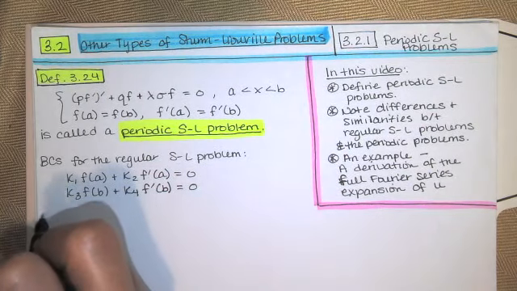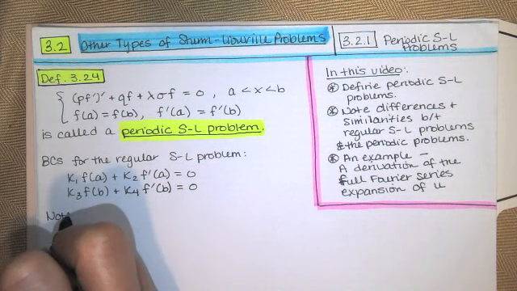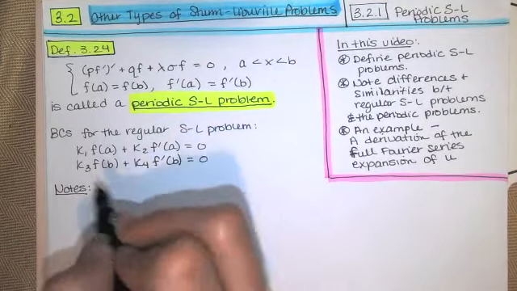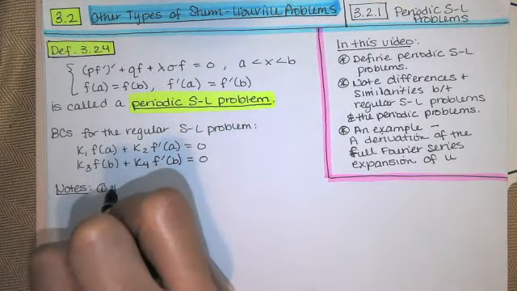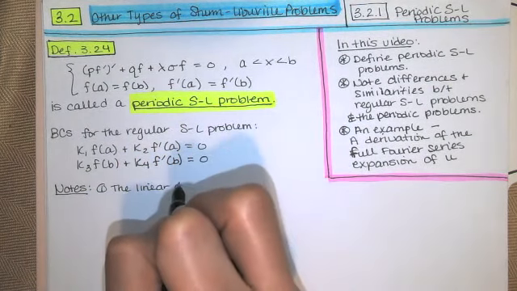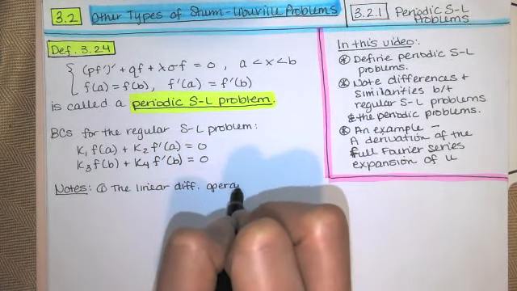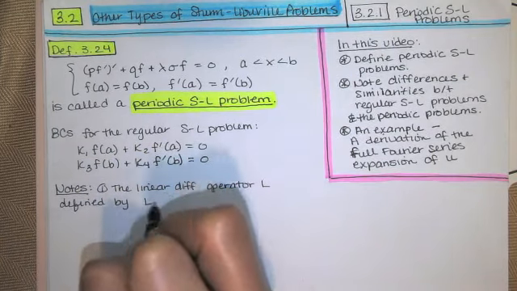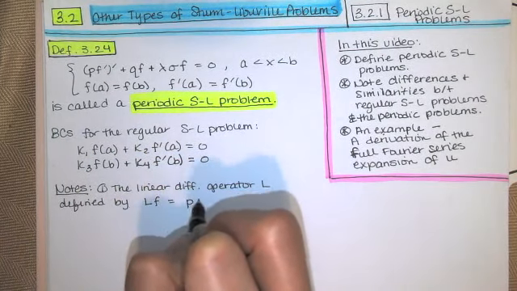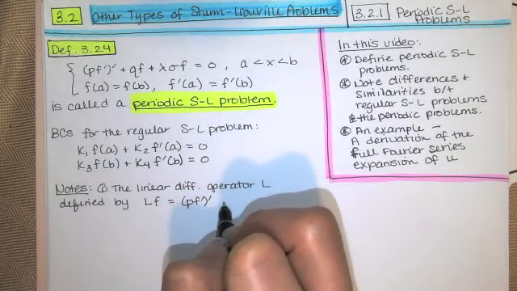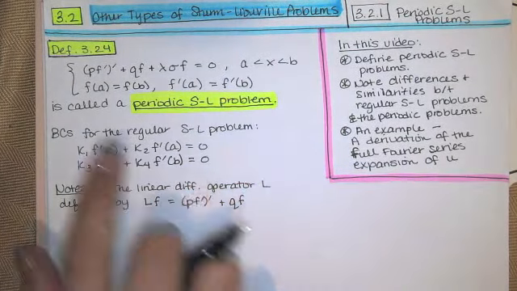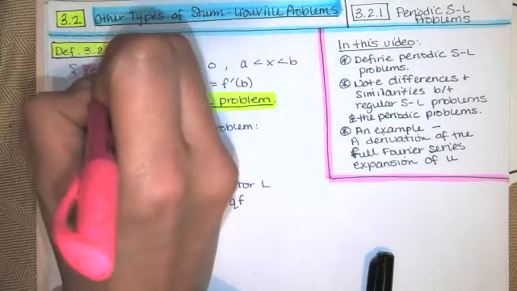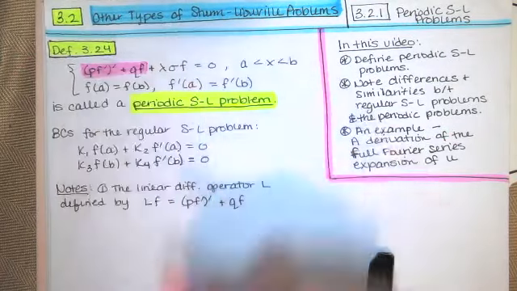Now, a couple of other notes. When we look at the differential operator L, defined by L applied to f equals p times f prime, and then you take that product and take its derivative, and then add q times f, this piece right here is our linear differential operator applied to our function f.